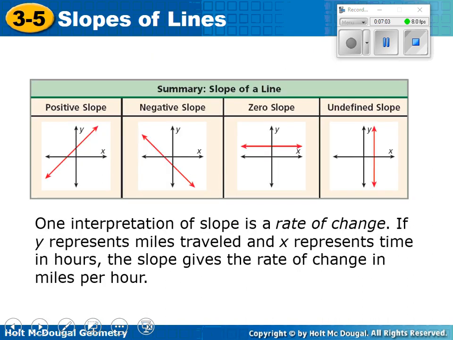We already talked about this chart. Positive slope goes up from left to right, negative down, 0 is horizontal, undefined is vertical. The only thing we didn't talk about that I already mentioned just a moment ago is rate of change. The reason you calculate slope is not so that you can sit in math class and graph a line. Slope has real life application.